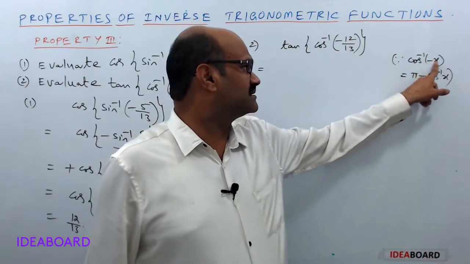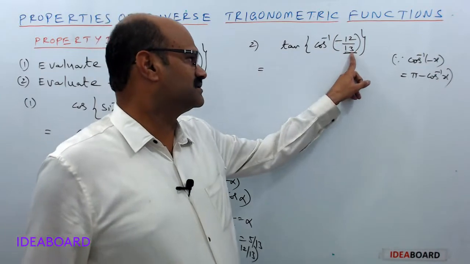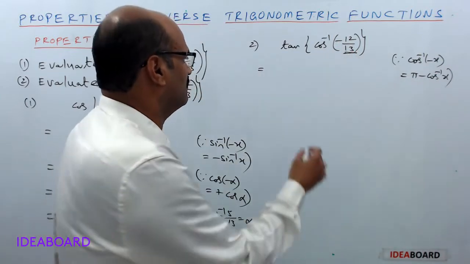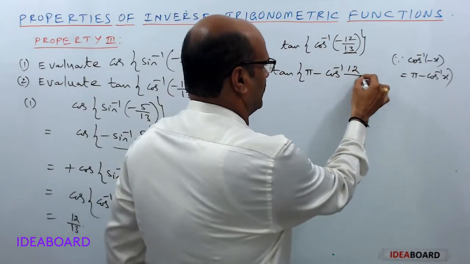In the place of x, we have 12 by 13. So it becomes pi minus cos inverse of 12 by 13.